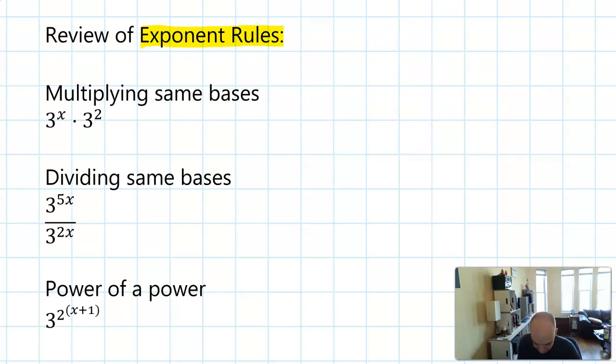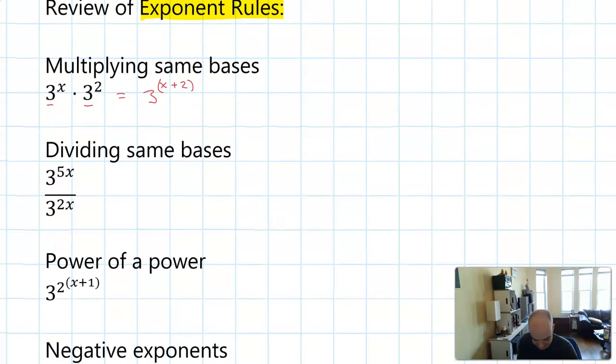First, if you have the same base and you're multiplying those bases, you add the exponents. So this would be 3 to the x plus 2 as an exponent. If you're dividing the same bases, 3 to the 5x over 3 to the 2x, that is the same as subtracting the exponents. So that's 3 to the 5x minus 2x, which you could write as 3 to the 3x.